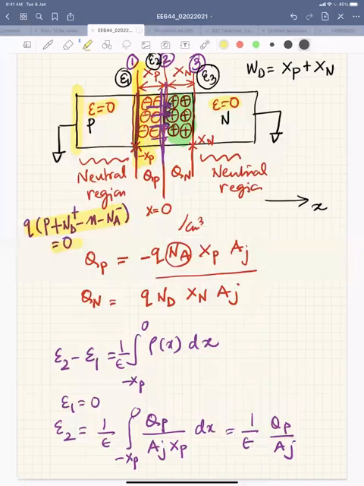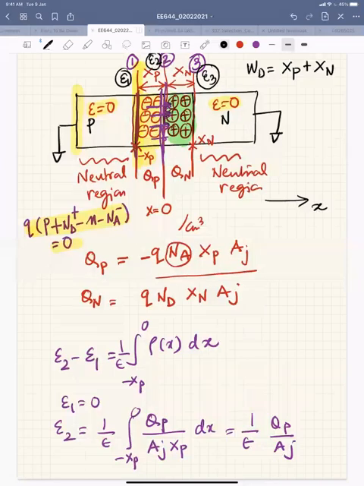Let's say Qp is the total charge in the region between minus xp to 0. So total charge is minus q times Na into xp into junction area.